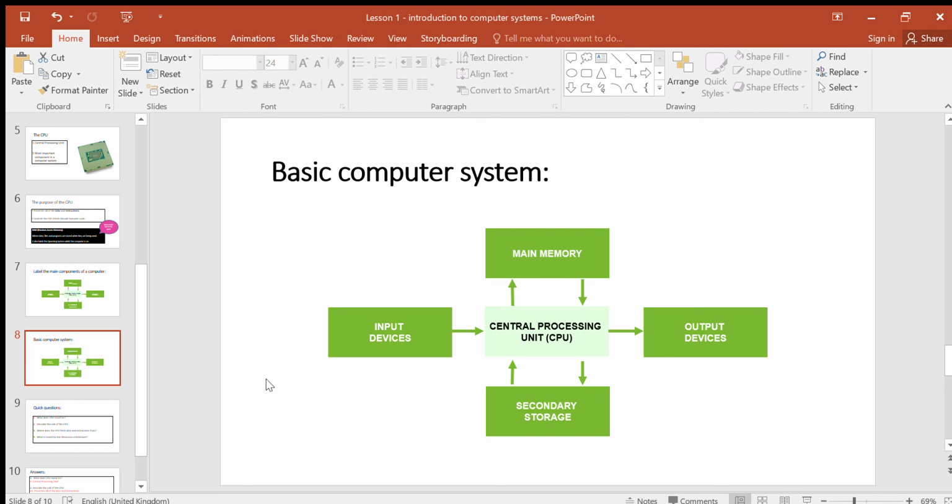Okay, so hopefully you identified the input devices allow data to be put into the computer. The computer at a very basic level is made up of the CPU, main memory, and your secondary storage. And once this processing has occurred, it will be output on some form of output device.